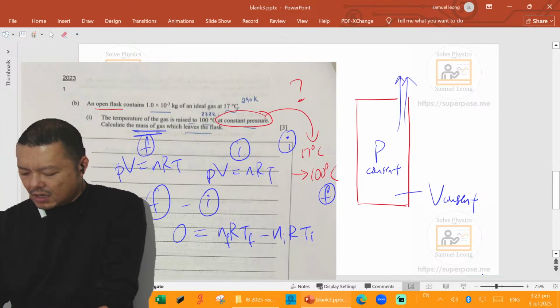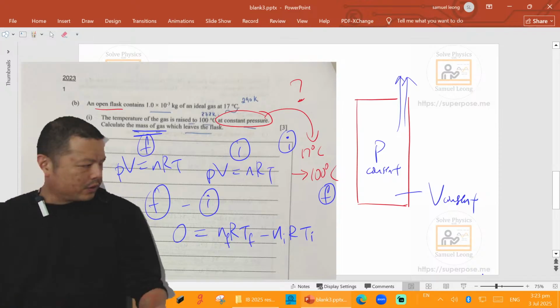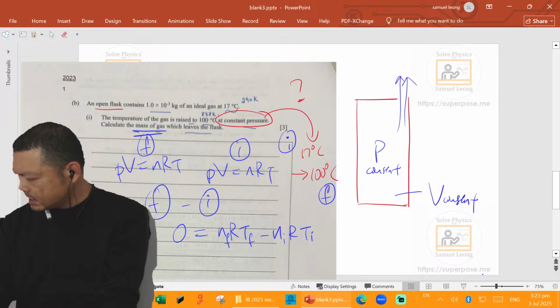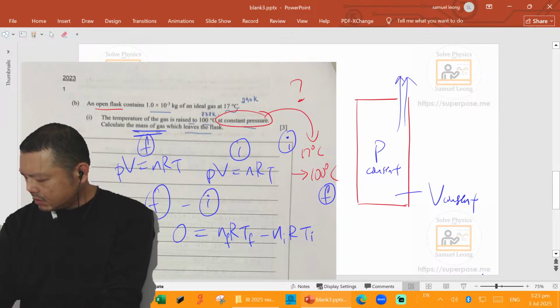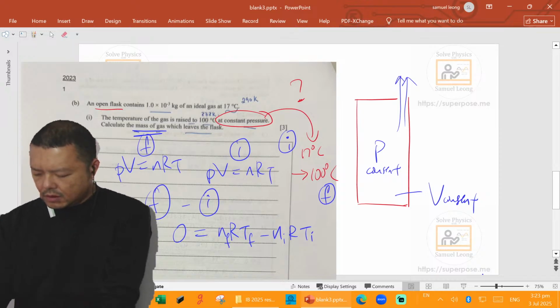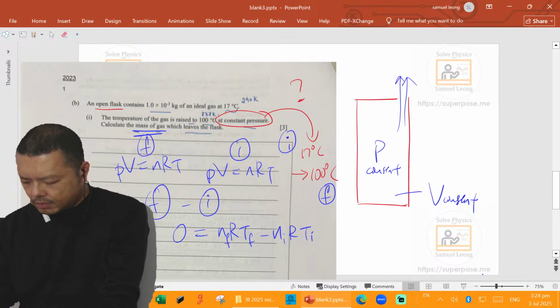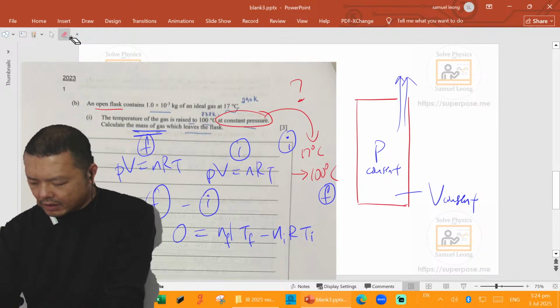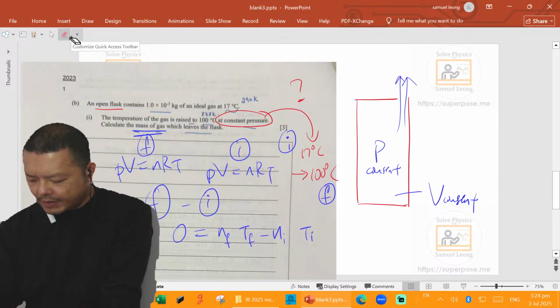It's a bit unnerving not to have the number of moles. But you can get rid of R. R is just constant on both sides, so if you divide by R throughout, the R disappears.